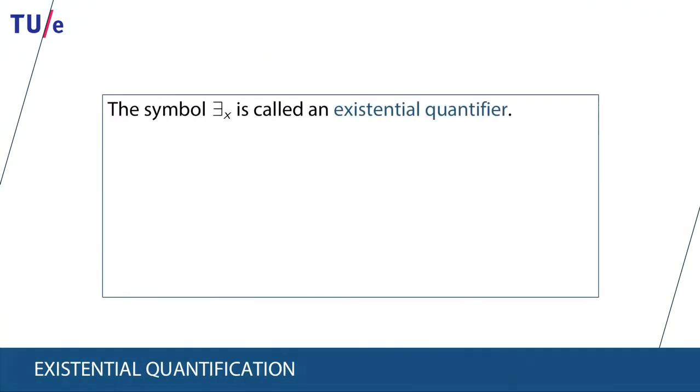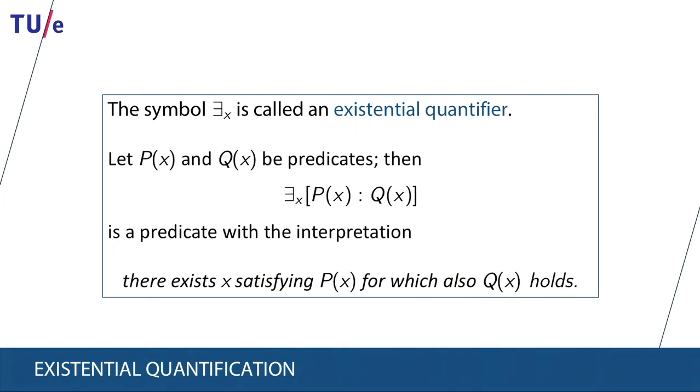For every variable x, we introduce a new symbol that is written as a mirrored e with x as a subscript. These new symbols are called existential quantifiers, and we use them to express existential quantifications as follows. Let p and q be predicates that may or may not refer to some variable x. Again, for clarity of presentation, we add the x between parentheses.